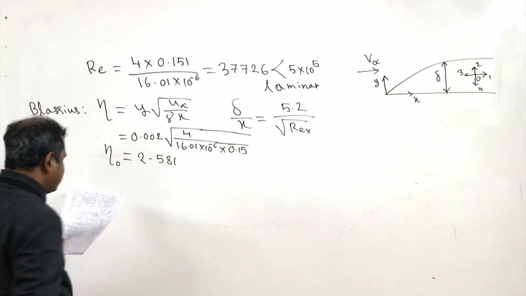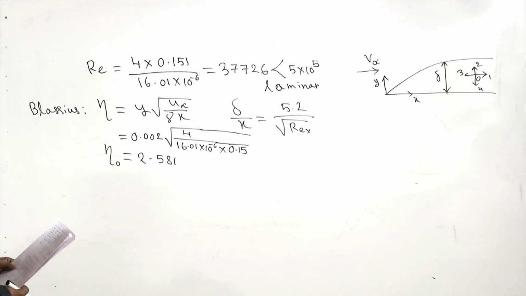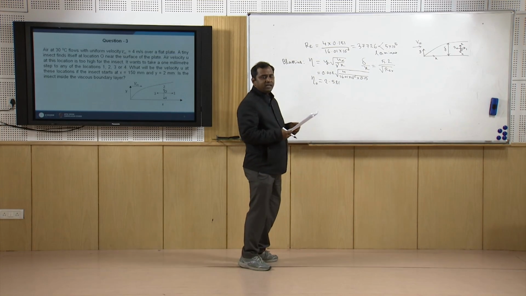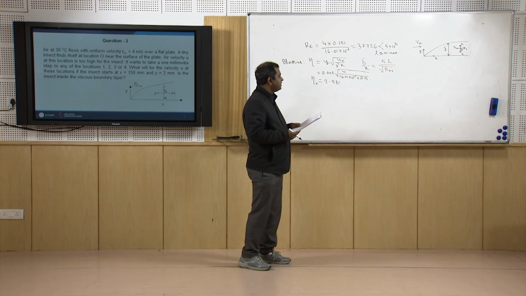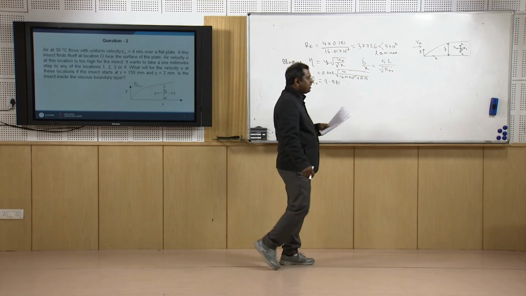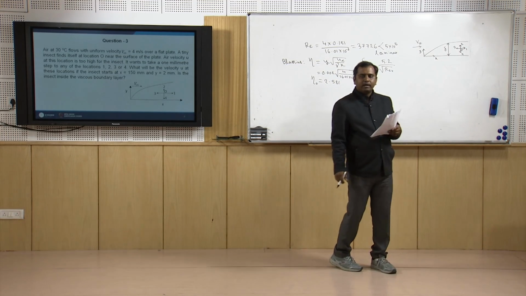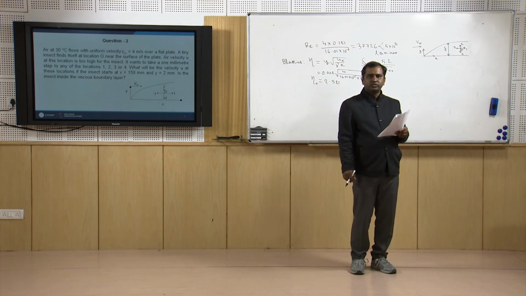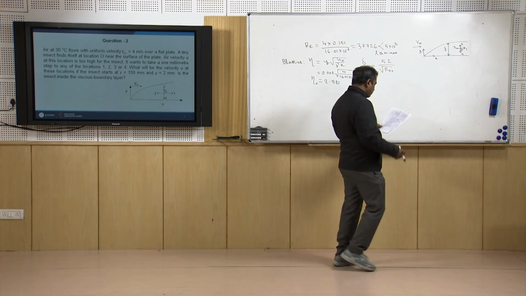Next task is to find out the value of u by u infinity, and subsequently we can get the value of u because velocity is required. To get the value of u by u infinity, we need to see the solution of the Blasius equation, which is f triple dash plus f double dash equals 0, with its corresponding boundary conditions.